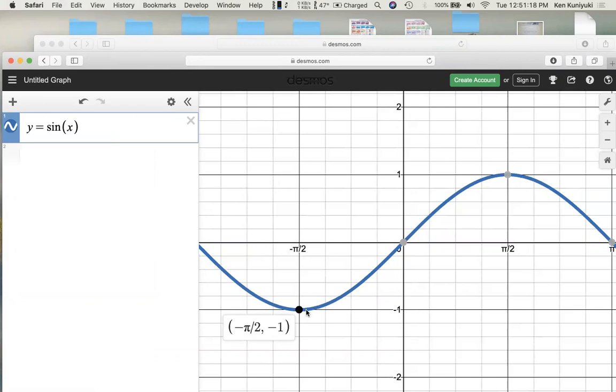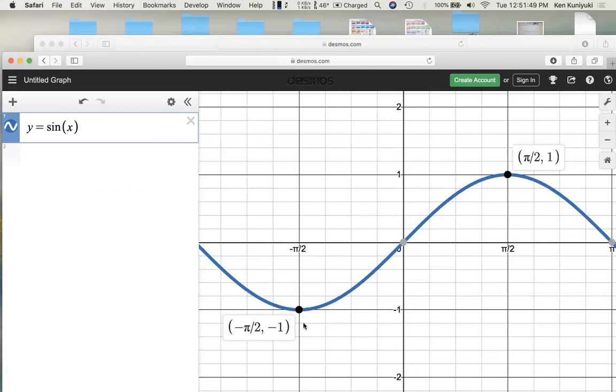And then where would we stop? Well, we want to pick up the entire range, so we have to keep going. We're going to stop at pi over 2, comma 1, because we want to capture the entire range for the sine function from negative 1 to 1.